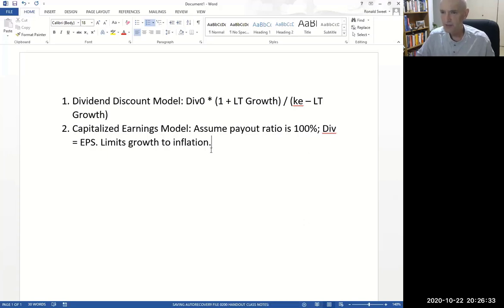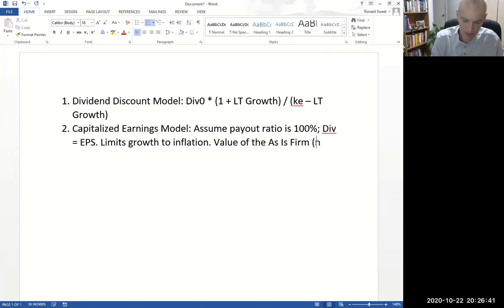I can't prove this anyway, but essentially what I'm looking for here is the value of the as-is firm. No expansion, because they can't expand, right? They're paying out all their earnings. They can't expand. So it's just as is.